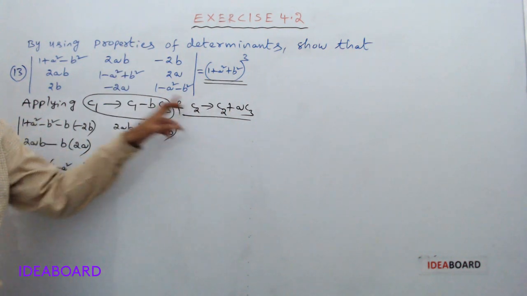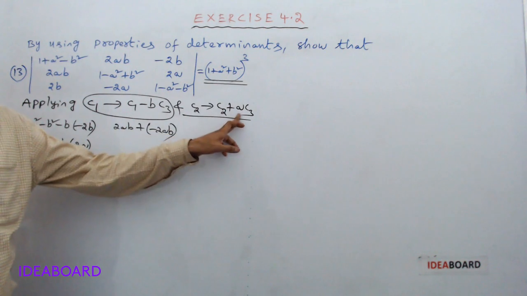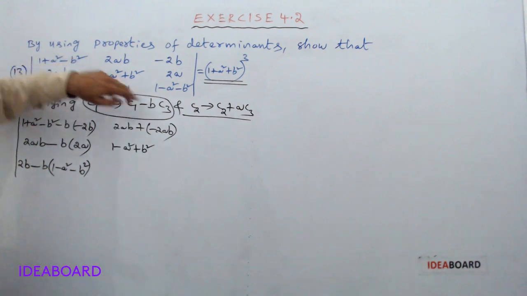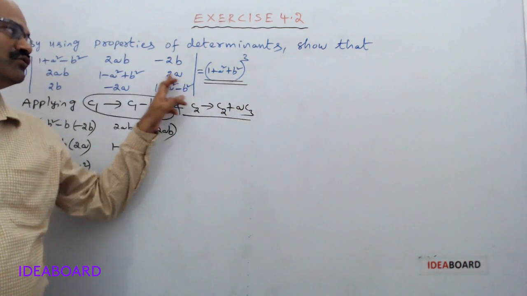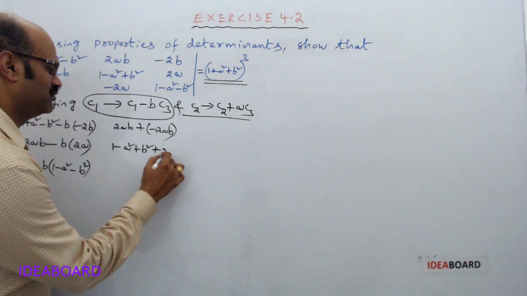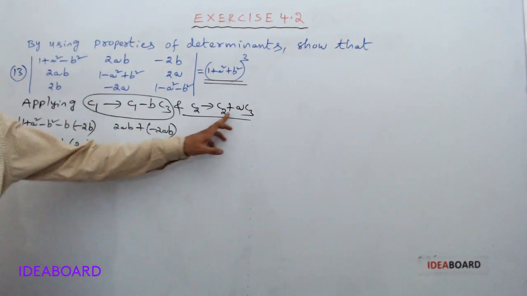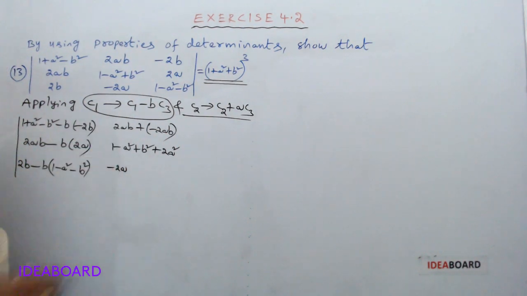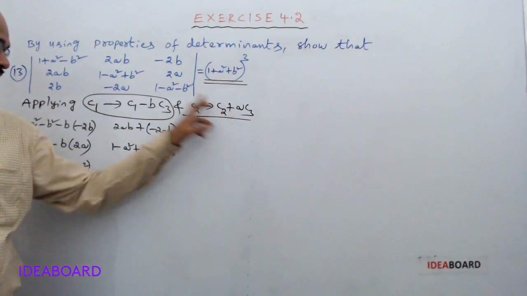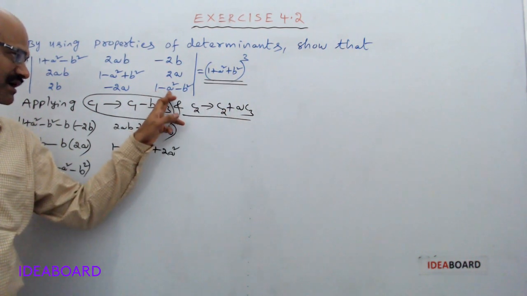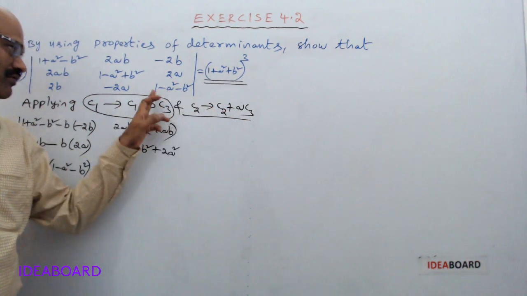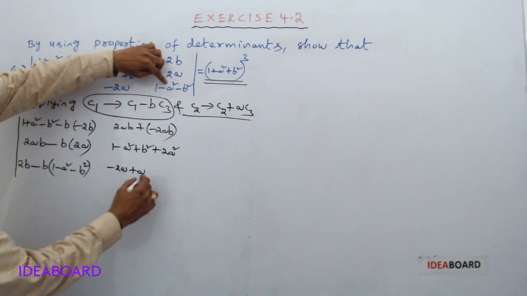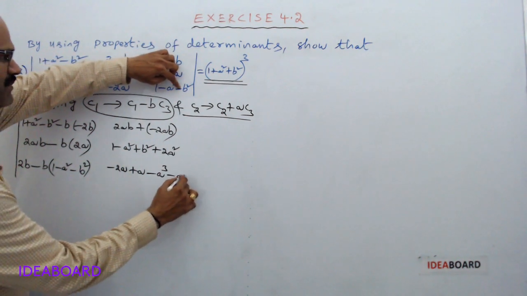Now here we have 1 minus A square plus B square plus A into 2A plus 2A square. Next we have minus 2A. A into 1 is plus A minus A cube minus AB square.